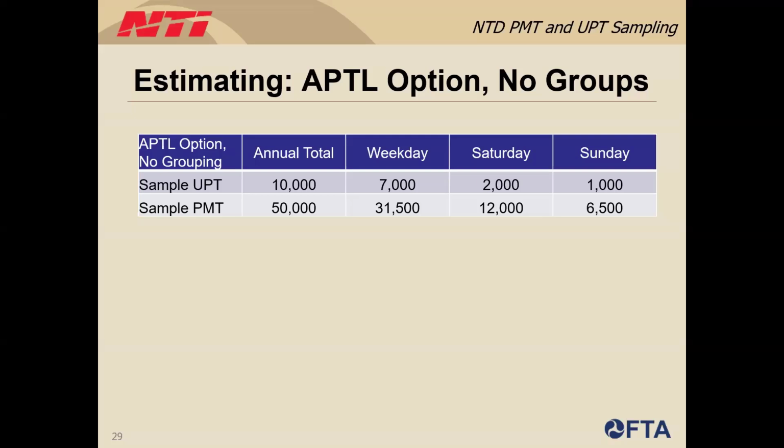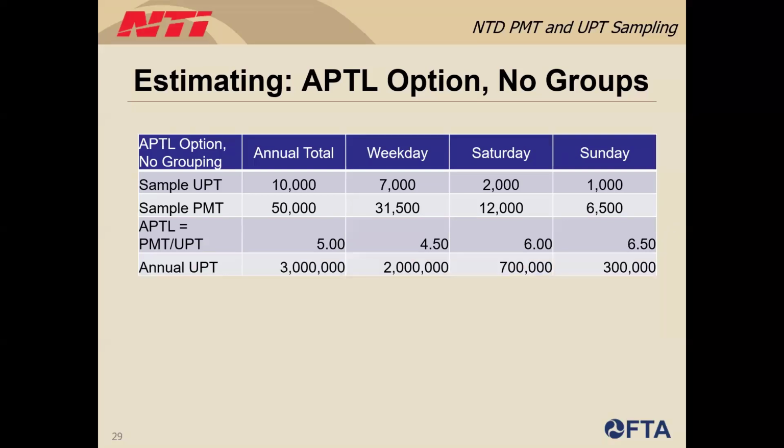The first step is to calculate the APTL in each column by dividing PMT by UPT. Then, from your records where you get your complete count of UPT for the year, let's fill in the UPT. Finally, calculate the annual total PMT in each column by multiplying APTL times UPT.